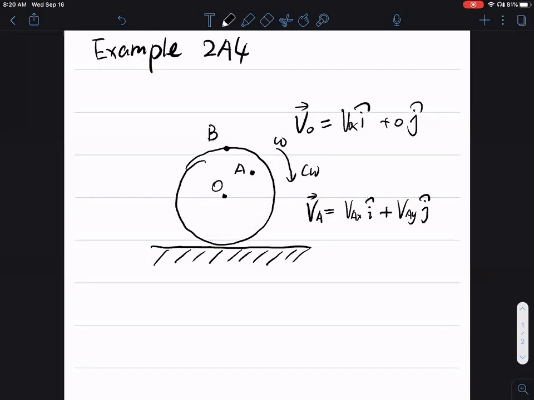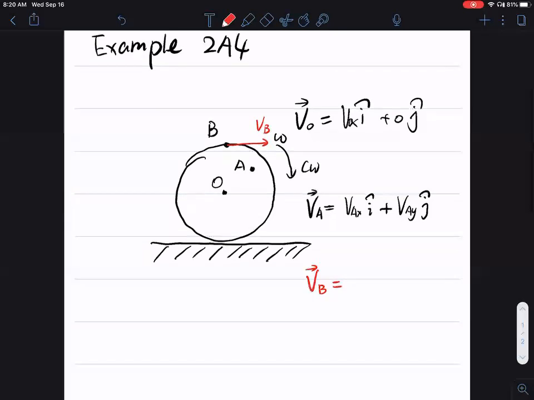That's the directional velocity for VB. We can write out VB as a vector. VB at that moment is only VBX I plus 0J. So at that moment, it's similar to point O. It only has an I component.